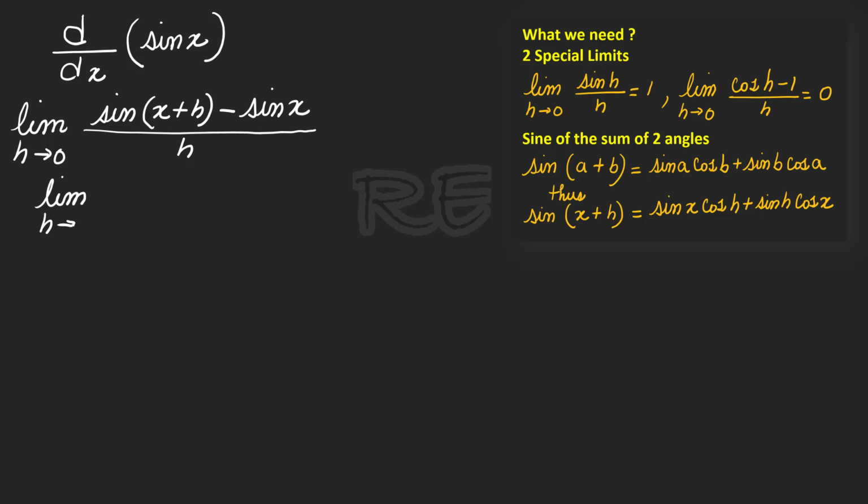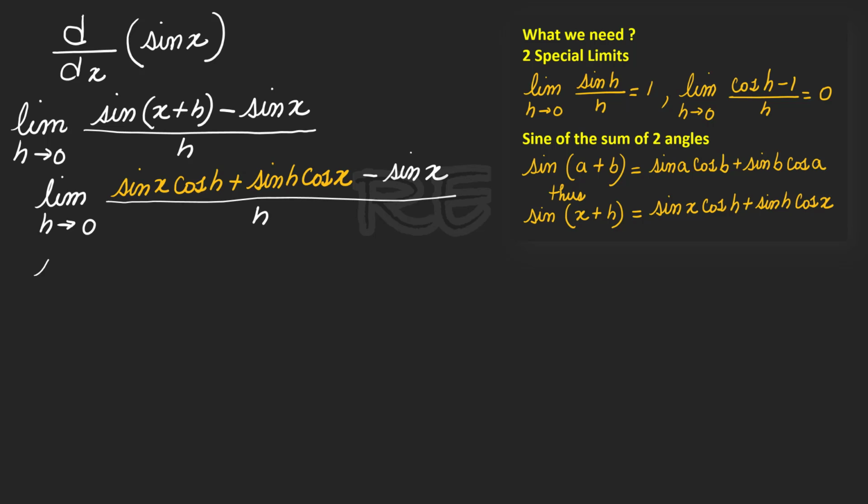We're going to expand sine of x plus h, which is sine x cosine h plus sine h cosine x. We'll keep everything else the way it is, minus sine x divided by h.